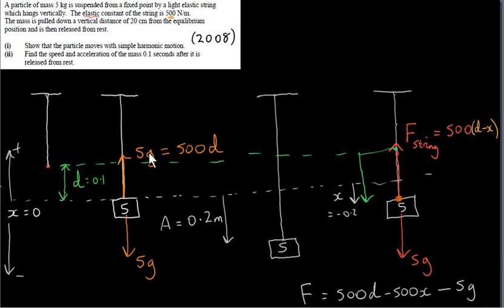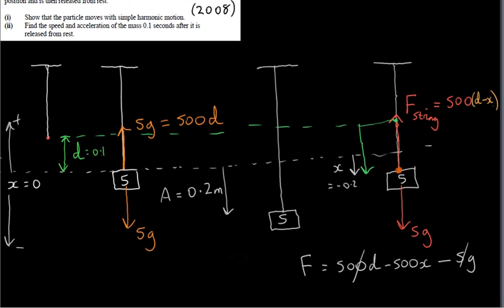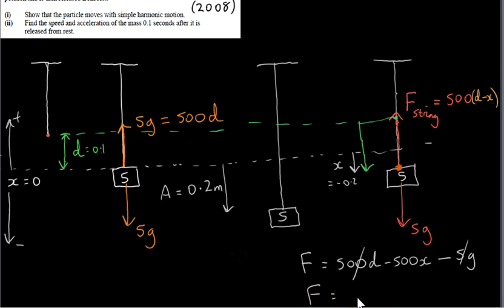But we already saw that 5g equals 500d, so these cancel out. So we see that the force is a negative scalar times the position x. That means we have the equation of motion for a particle undergoing simple harmonic motion. The force is a negative scalar times x.